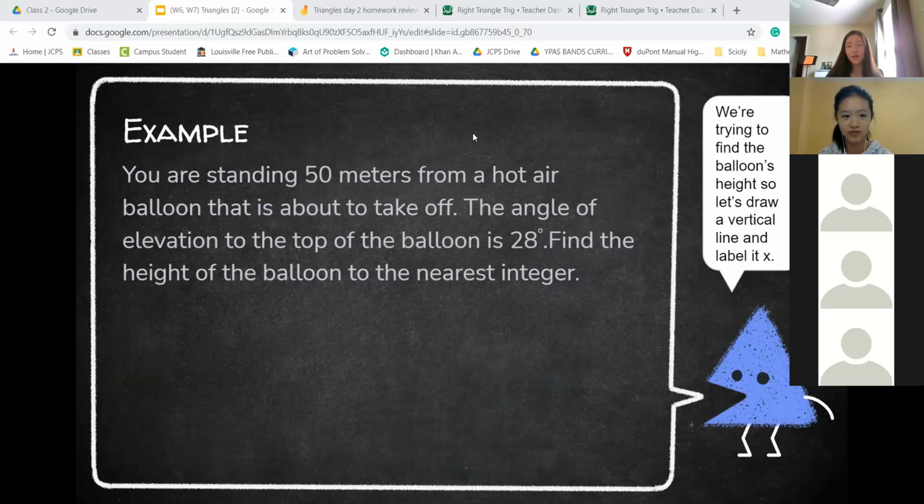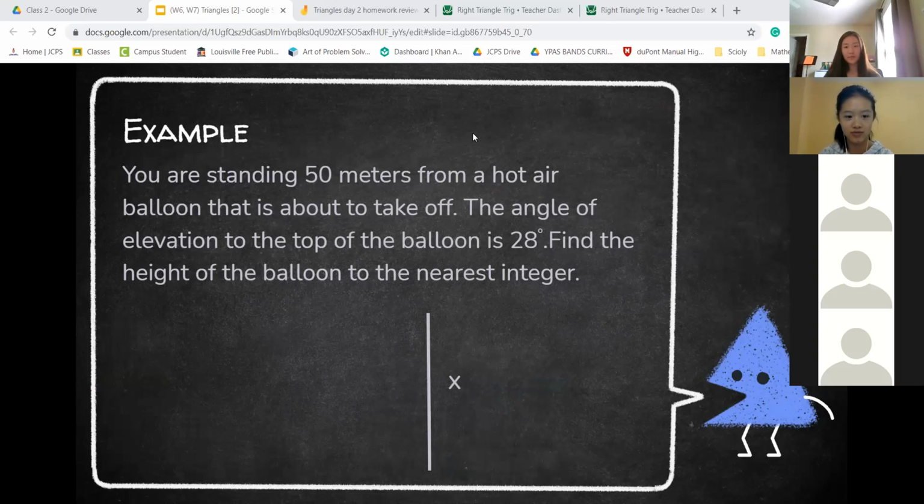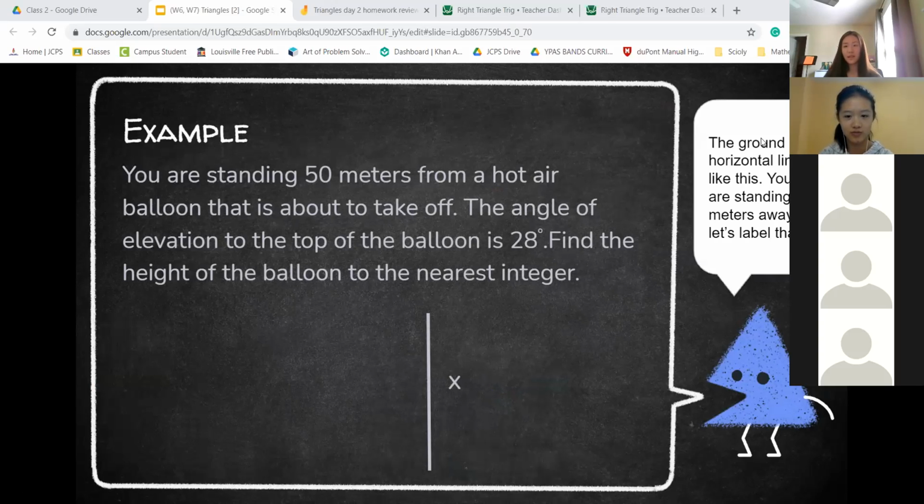So we're going to draw a vertical line, and this is going to be our hot air balloon. The bottom of the line is the bottom of the hot air balloon, and the top of the line is the top of the balloon. The ground is a horizontal line like this, and you're standing 50 meters away from it. The balloon is perpendicular to the ground, so you can assume the angle is a right angle.